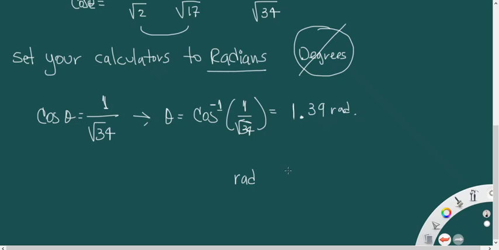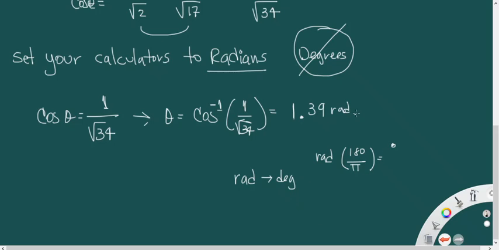You can multiply radians times 180 divided by pi, and you will have your angle in degrees.